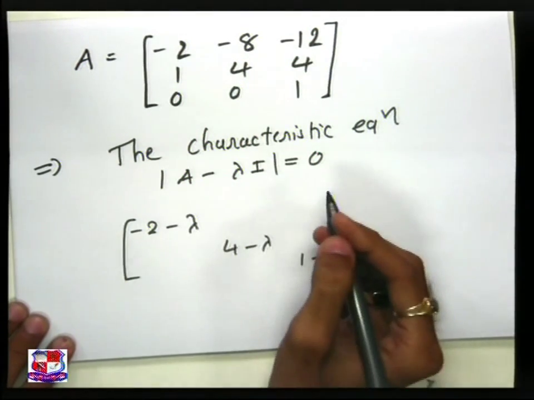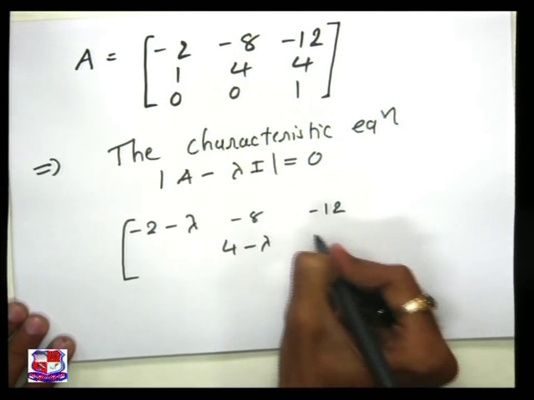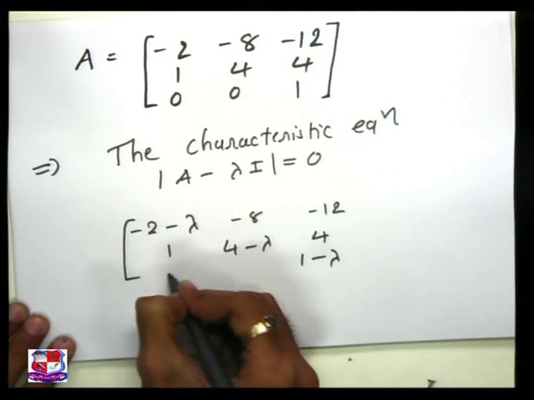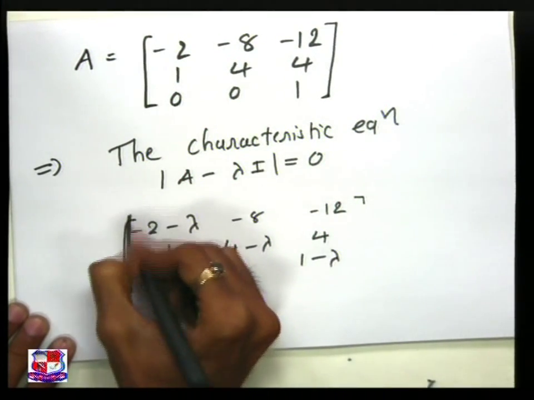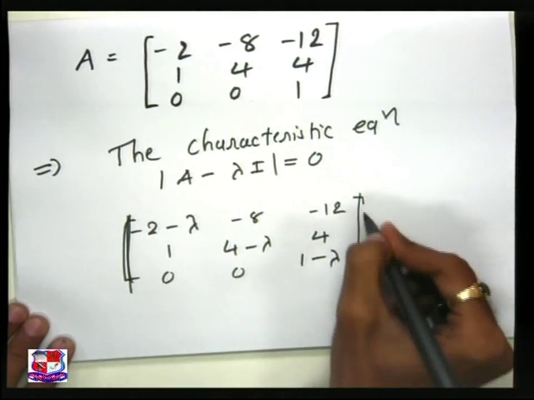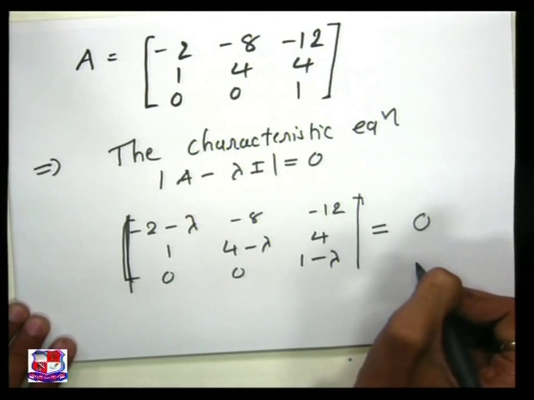All the rest of the elements are the same, so this is -8, -12, here 4, 1, 0, 0. This is the determinant, right? So the determinant of A - λI is equal to 0.